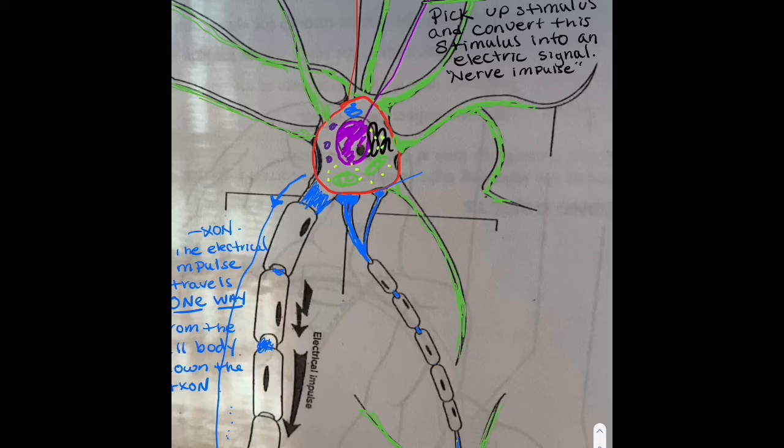So this junction right here, where this axon tip meets this nerve cell, is a synapse. And inside that synapse is a synaptic cleft, or a synaptic gap.